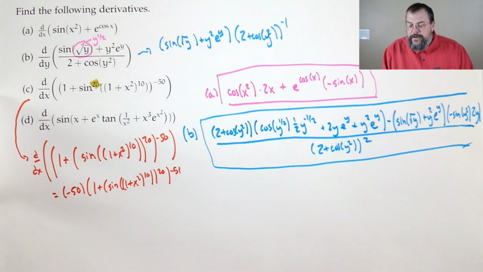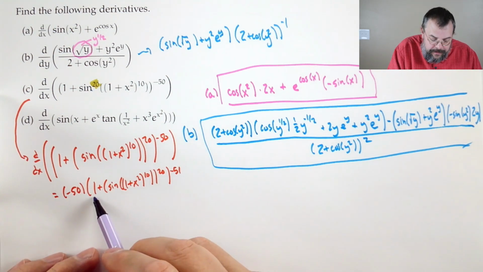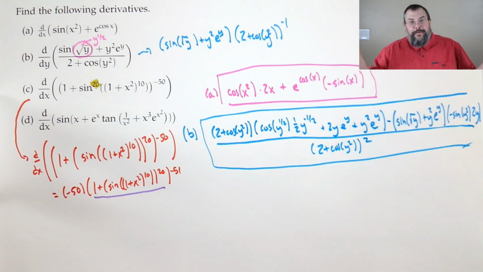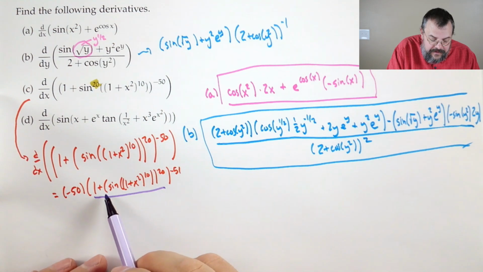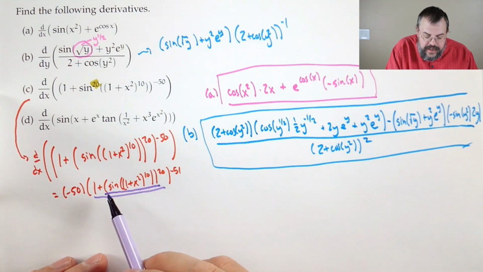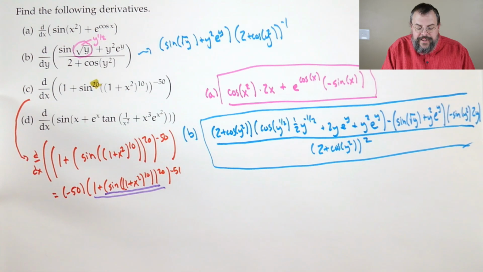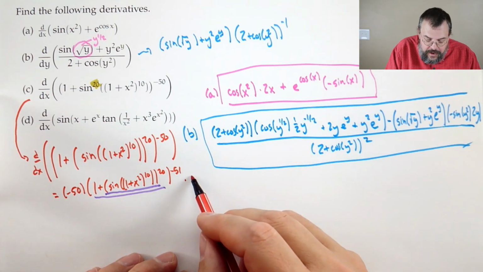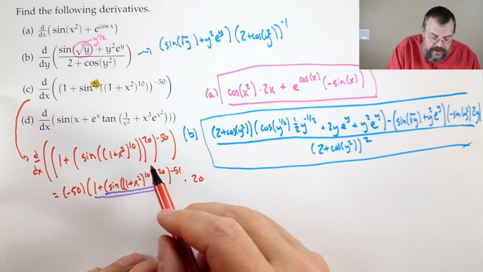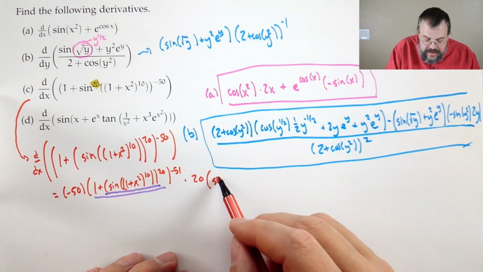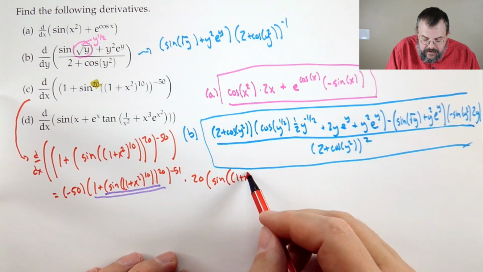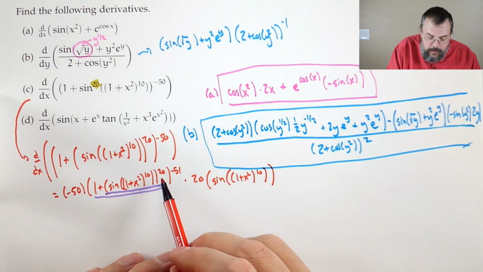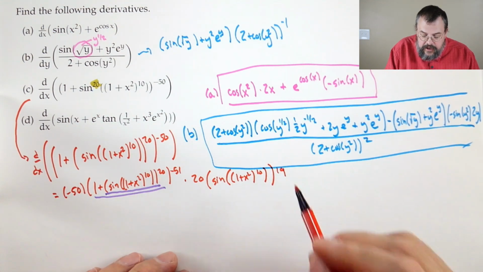Okay, now we're up to taking the derivative here. The good news is the derivative of 1 plus is 0, so that 1 plus goes away. So we're really going to focus on our next layer, the sine, this something to the 20th. Our next layer says the 20 comes down, the inside sine of 1 plus x squared to the 10th, and then to the 1 less, so this is to the 19th power.